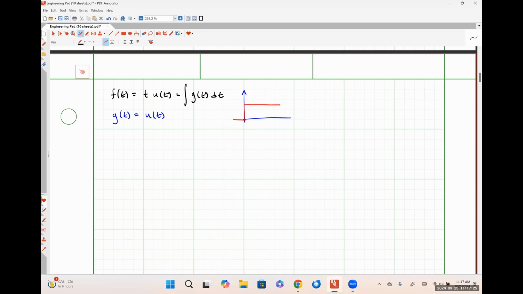So the Laplace transform of this function is just 1 over s squared. Let me write it as 1 over s times g of s, which is just 1 over s times 1 over s, or 1 over s squared, using the time integration property.